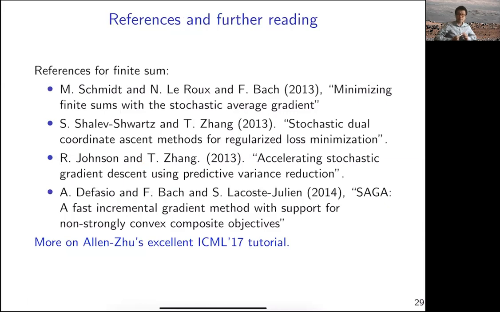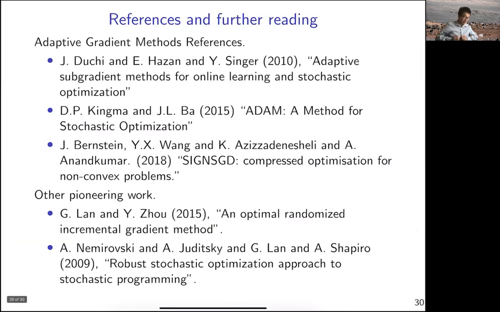So one recipe for getting your research done and finishing your thesis is to find a sweet spot that gets the benefit of optimization and system performance at the same time, and that might be something highly novel that will be picked up by people from your respective community. Okay, so here are the references for the finite sum, and here are the references for the adaptive gradient methods and other methods that analyze these stochastic gradient based methods very carefully.